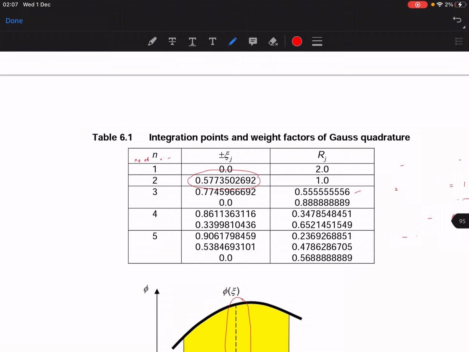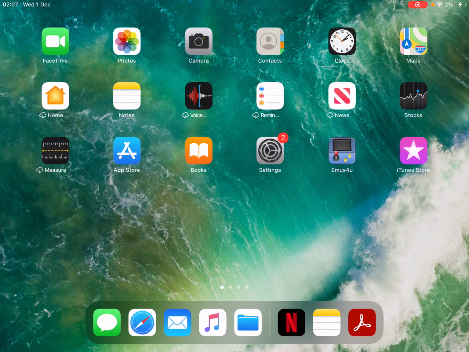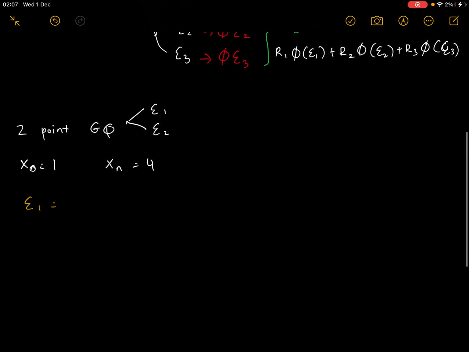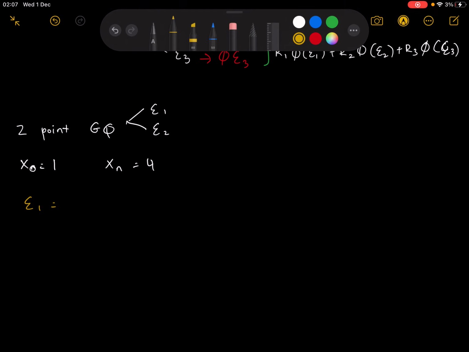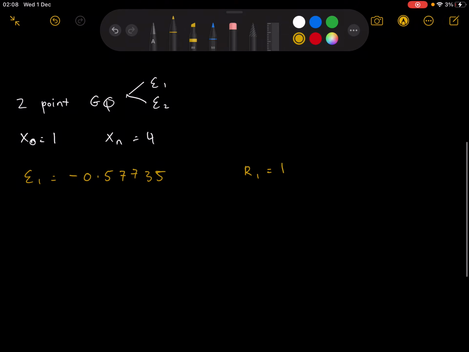We know that zeta 1 is in the negative region, so it will become negative 0.577, while zeta 2 is located in the positive region, so it will become positive 0.5773. So zeta 1 is negative 0.57735. I'll use 5 decimal point. And its corresponding R value from the table is 1.